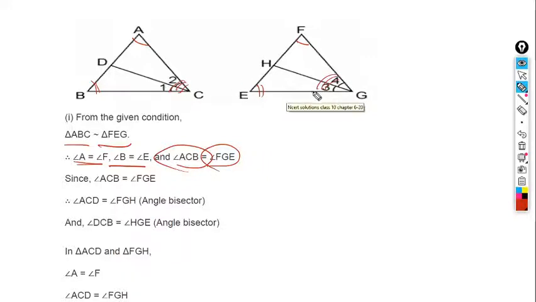So they are the same. Since it is given that CD and GH are the angle bisectors, angle 1 is equal to angle 2 and angle 3 is equal to angle 4. I have told it earlier.